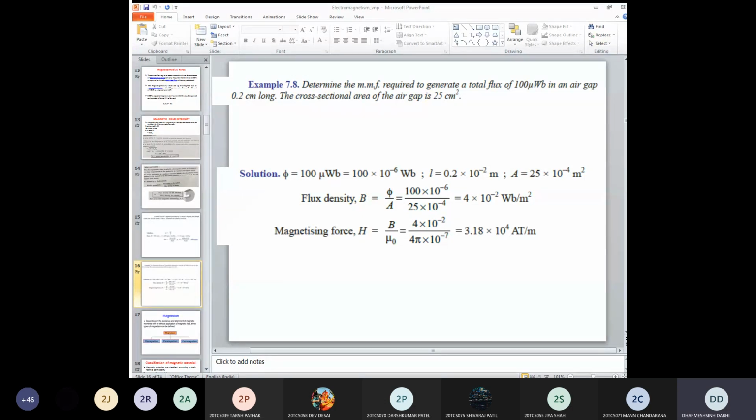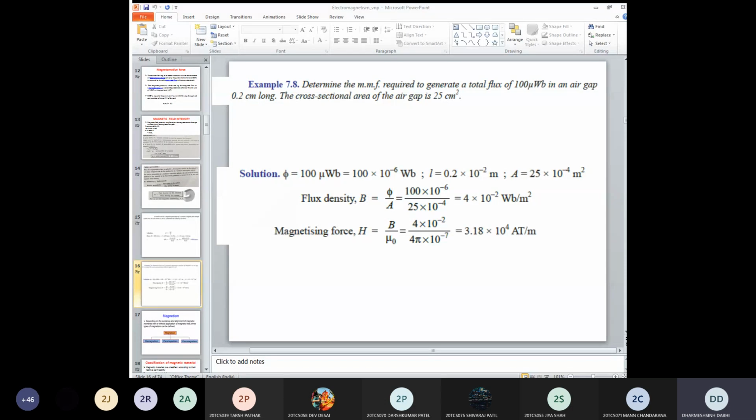So what is the first step? Flux is given, 100 microweber. Area is given, 25 centimeter square. So first find out the flux density B. Here flux divided by area. Flux is 100 into 10 raised to minus 6. Area is converted into meter square, so it is 25 into 10 raised to minus 4.